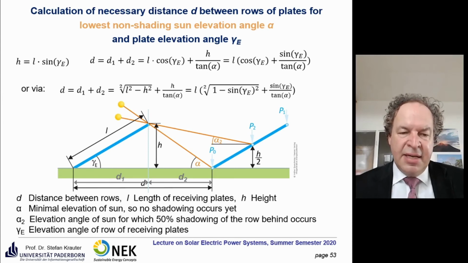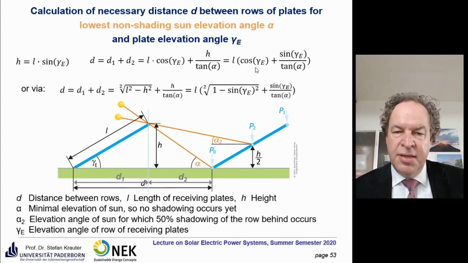And the second part, D2, the other triangle with the alpha, is H, the height, divided by the tangent of alpha. If you put it together, you have L times cosine gamma E, and then sine gamma E divided by the tangent of alpha.